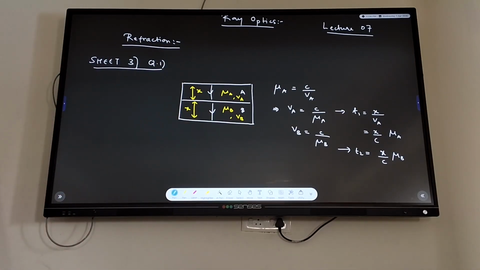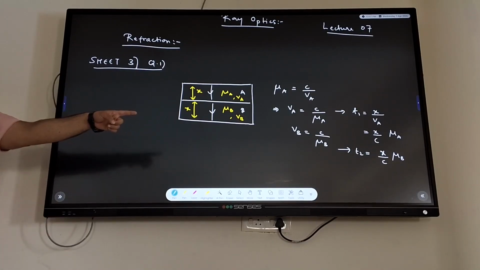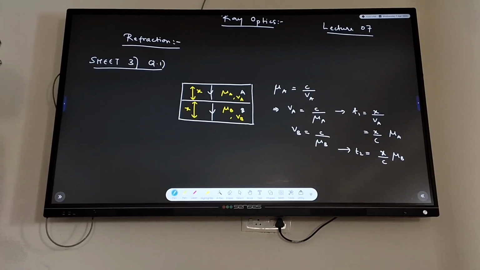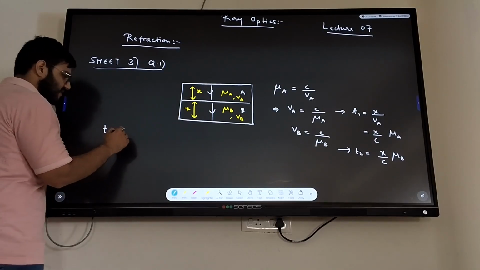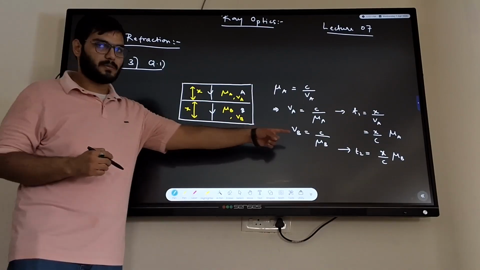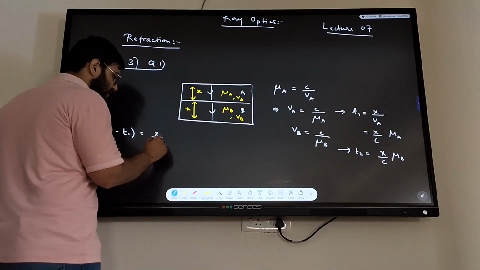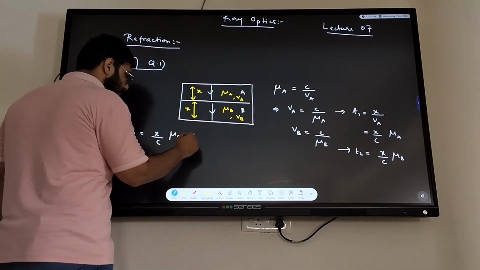The difference is given, so I have to subtract the equations. Then I get the LHS, T2 minus T1. Can I take x by C common in the RHS? Then I have mu B minus mu A.